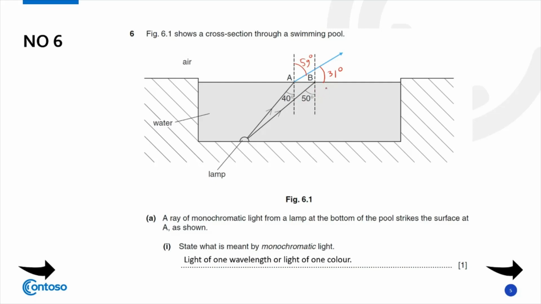That means the angle of reflection is also 50 degrees. So now, use your protractor, measure the angle of 50 degrees from the normal or 40 degrees from the zero mark of your protractor. Then, you will get this line as the path of the reflected ray. This angle is the angle of reflection, which is 50 degrees, equal to the angle of incidence.